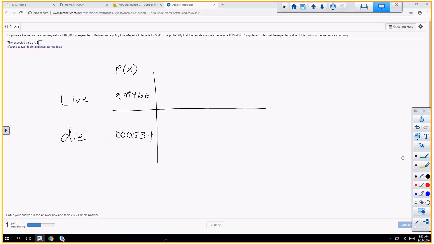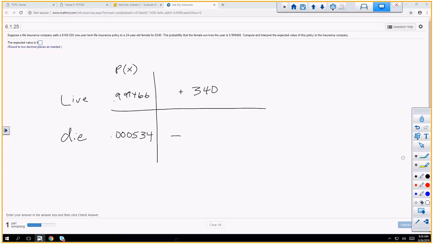Now, if you live, the company is going to get $340. If you die, the company is going to be out what? Minus. They got $340 of your money, so you have to subtract that. So what's 160,000 minus 340?